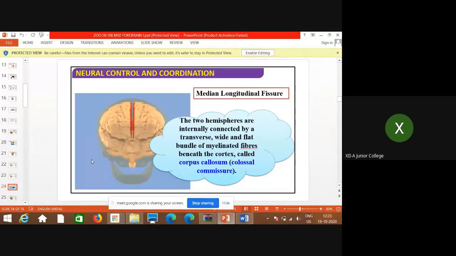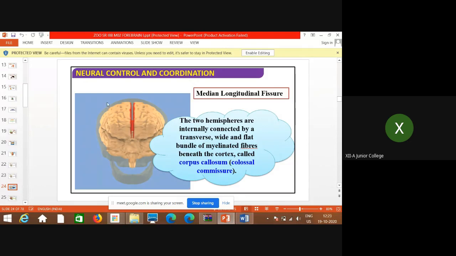This is the median longitudinal fissure, you can see here, and these two hemispheres are internally connected. Shown by red color, they are connected by a transverse wide flat bundle of myelinated fibers beneath the cortex, called the corpus callosum. The cortex is the outermost layer.